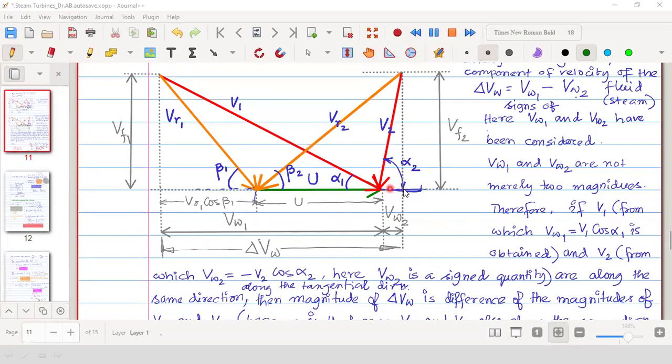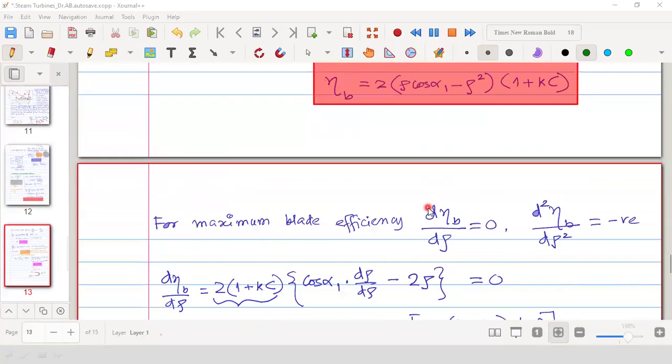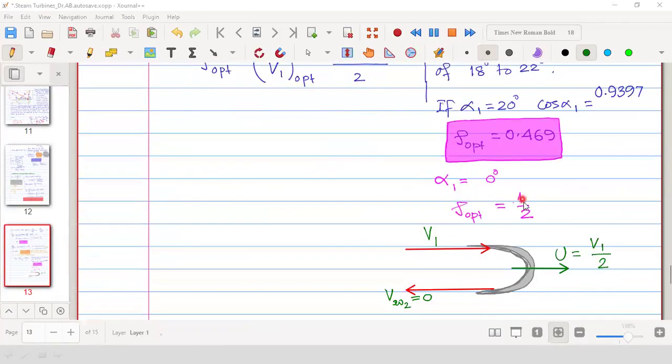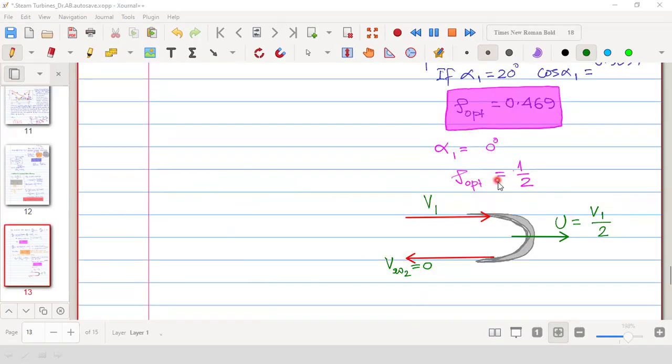So the fluid will basically leave with alpha 2 equal to 90 degrees. That only means axial component, there will not be any tangential component. So for alpha 1 equal to 0, this is exactly half. That means this length of U is half of this. And it will leave with 0.